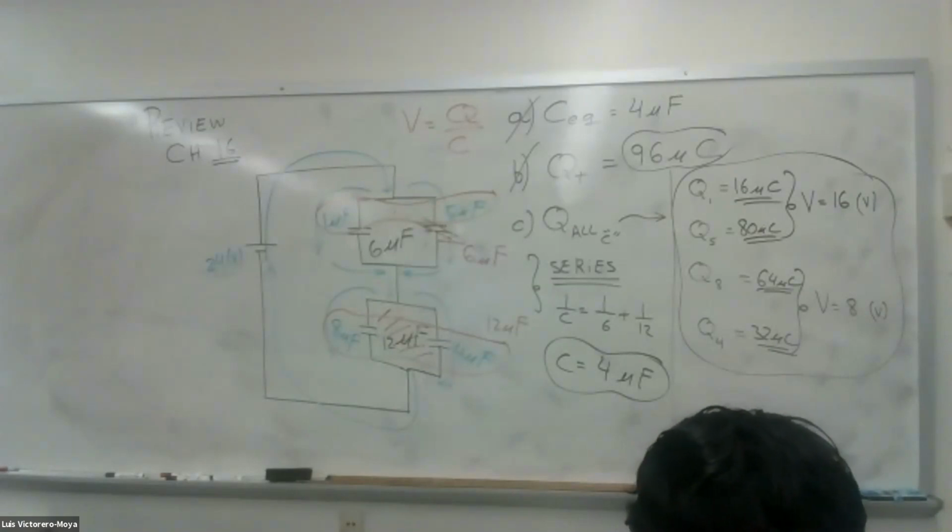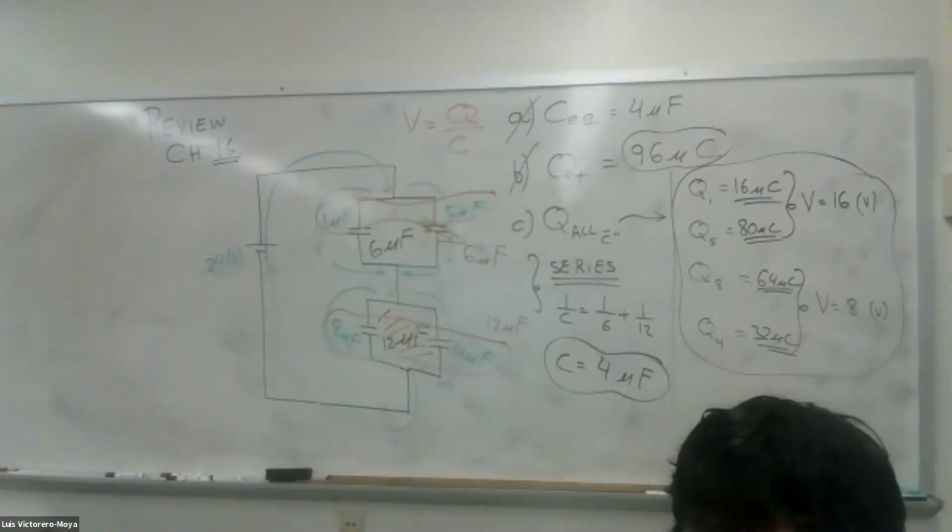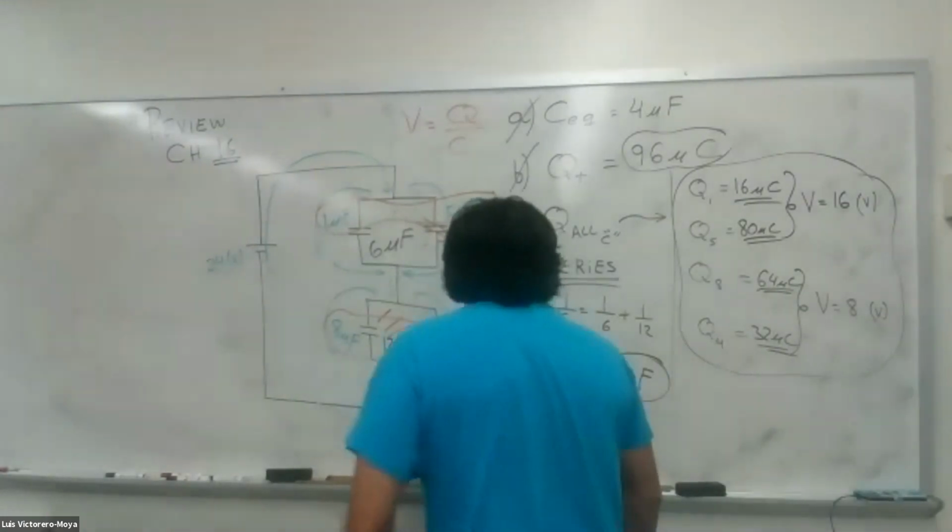And the voltage is the same for capacitors or resistors in parallel. All right? Okay, so we have time to do electric potential energy now, which can also be a question tomorrow.